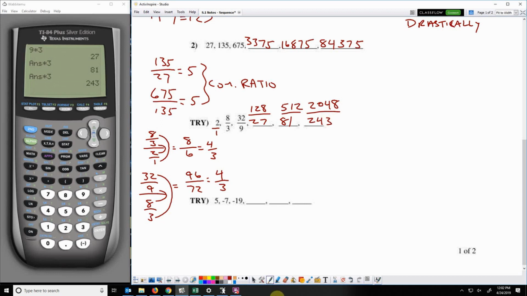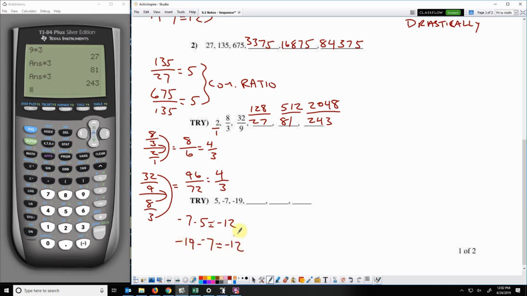And the last one here on this page looks more like a common difference. So -7 minus 5, that's -12. And then -19 minus -7. And minus negative means plus. -19 plus 7 is -12.